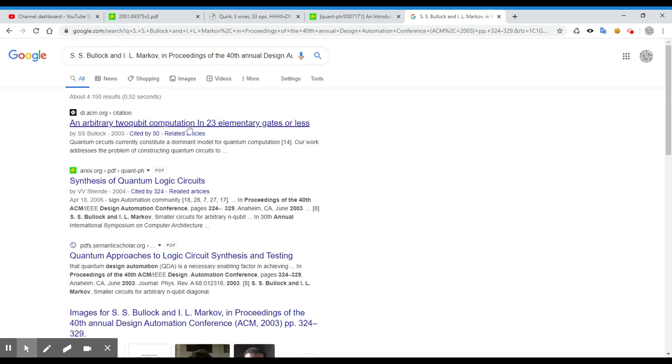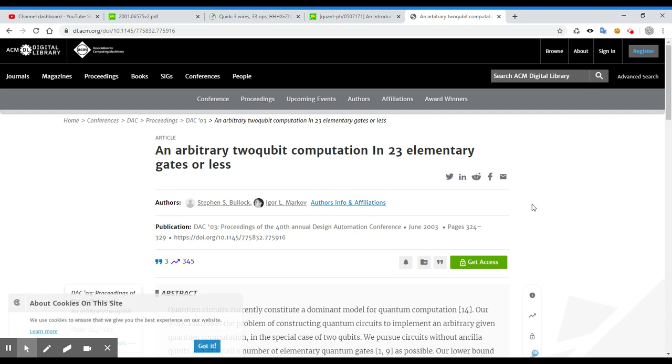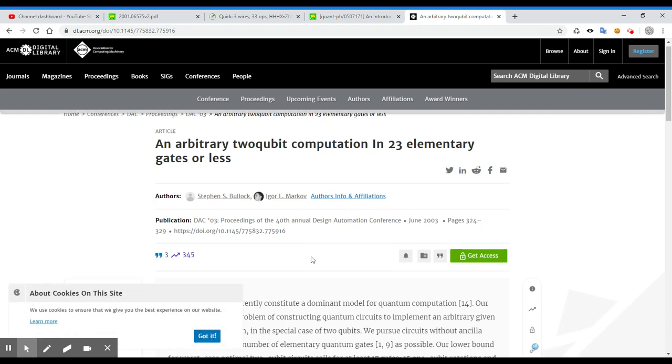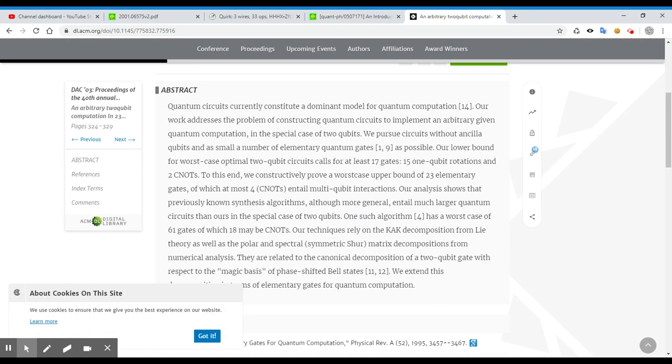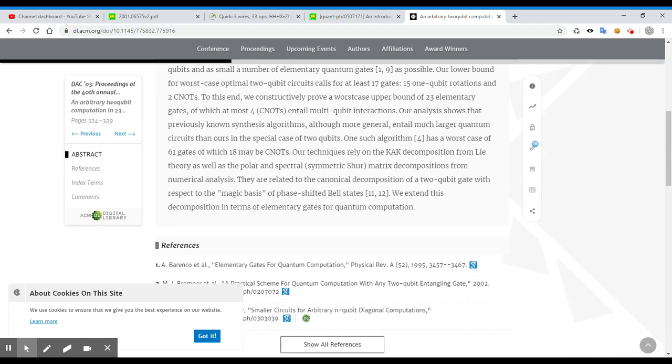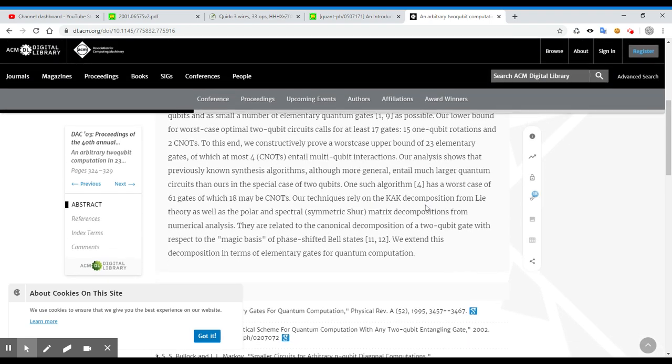An average of 2-qubit computation in 23 elementary gates or less. Our techniques rely on the KAK decompositions from Lie theory, as well as the polar and spectral symmetric Schur matrix decomposition from numerical analysis.